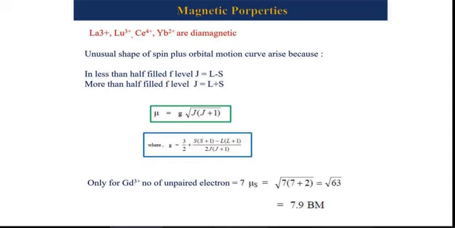Agreed? Now, every subcell has an electron, and you take the azimuthal quantum number of every orbital which has an electron, and you just add up the azimuthal quantum numbers.